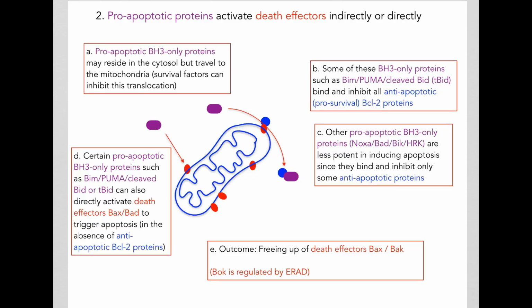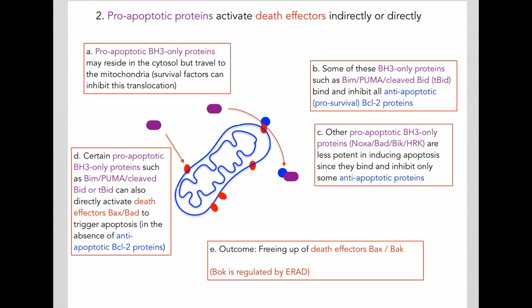And as mentioned earlier, some of these BH3-only proteins can directly activate the death effectors such as BAX and BAK to trigger apoptosis, even in the absence of anti-apoptotic proteins.